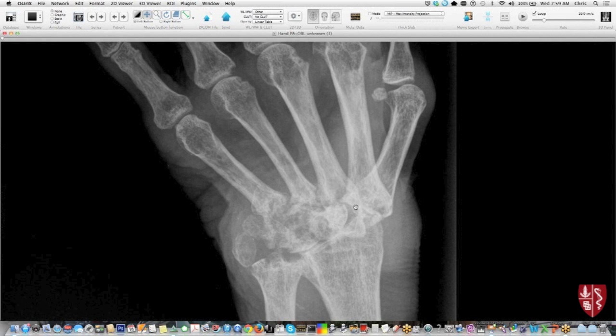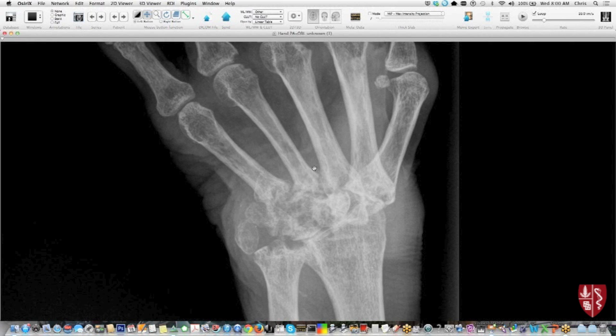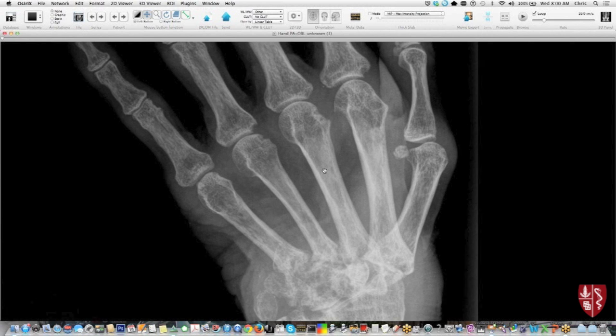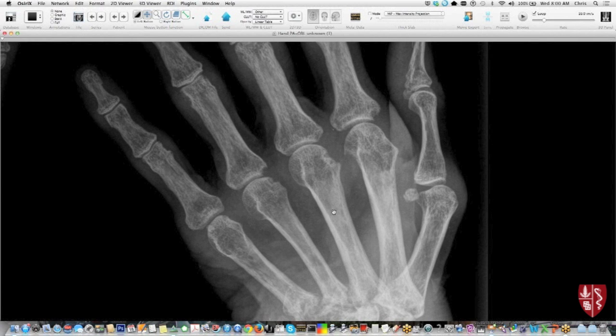They can still progress to where there's really nearly destructive change, severe narrowing, and kind of malalignments that can occur. And it's difficult to make that diagnosis when you have this advanced of a stage, because typically they'll get some secondary osteoarthritic type changes as well that makes it difficult to tell. So you're kind of banking on statistics, but this patient has a nice example of erosions as well.